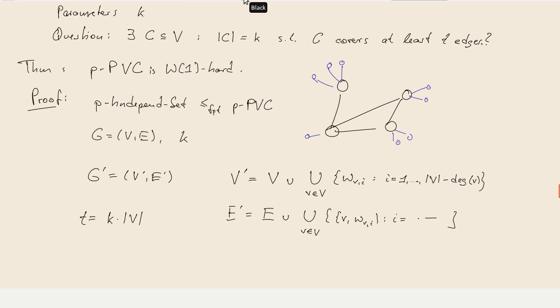So we have to show that an independent set in the old graph is a partial vertex cover in the new graph, and vice versa. So if we have an independent set in the old graph, what's the maximal one? Probably these two, right?